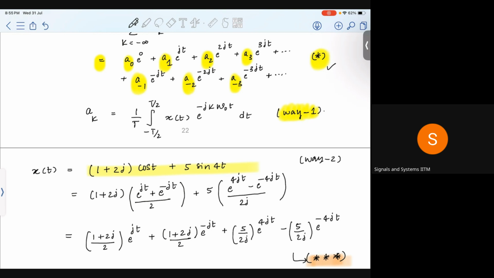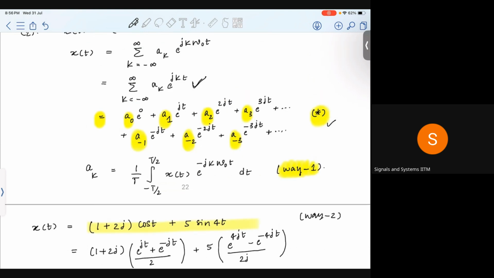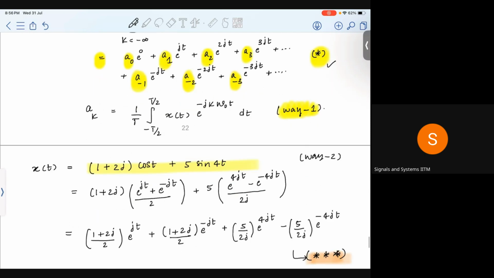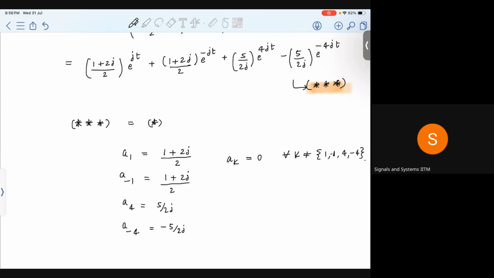And since this is a periodic signal, it has a valid Fourier series representation. This particular x of t should be equal to the expansion of the Fourier series. And when these two are equal, the coefficients with respect to the particular exponential signal should also be equal. Equating them, we get the Fourier coefficients to be something like this.